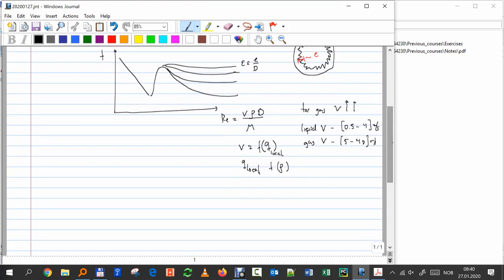That's one of the advantages we have with gas. Density is low, that's true, compared to liquid. But the viscosity of the gas is very small, much smaller compared to viscosity of the liquid.